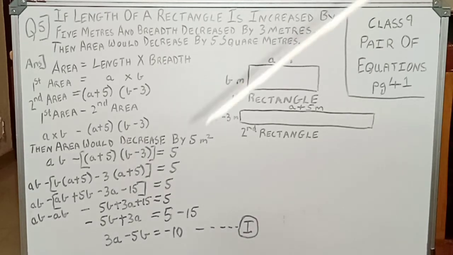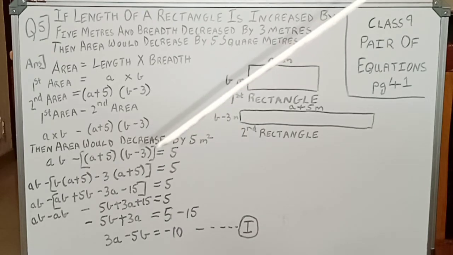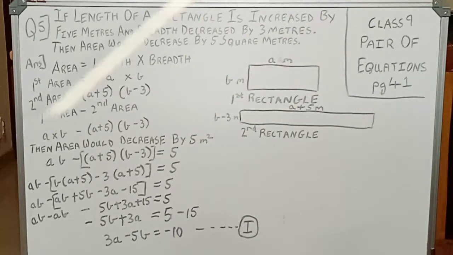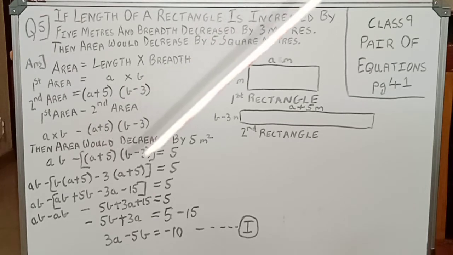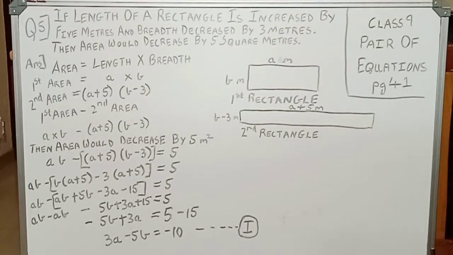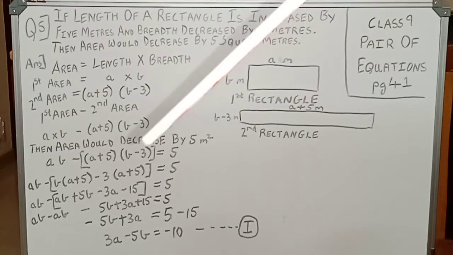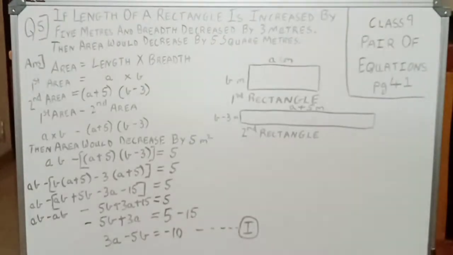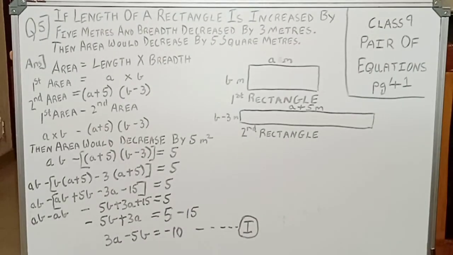You should be cautious about this minus sign. This minus sign is for all the terms inside, you have to multiply that minus sign. So before applying the minus sign over here, we have to do the multiplication inside the bracket. Whatever terms are there, we have to multiply.